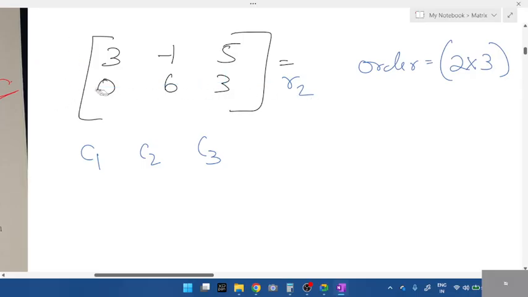Write R1, R2, write the order. Completed?